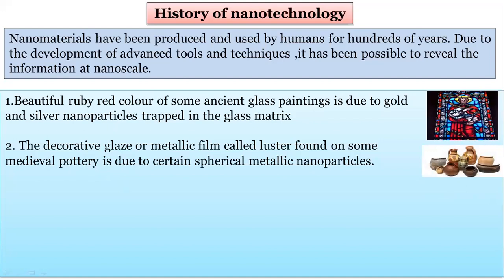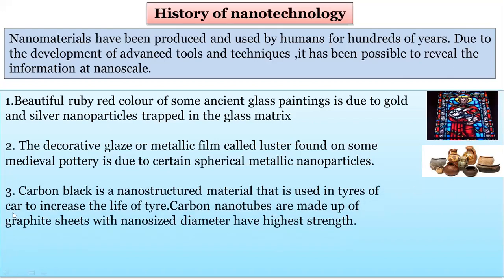See, such types of potteries are from the 12th and 14th century. If you find some glazing or metallic film, this is due to the spherical metallic nanoparticles. It means we have been using this nanotechnology for hundreds of years.